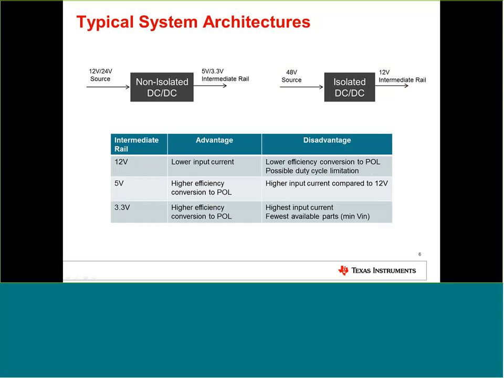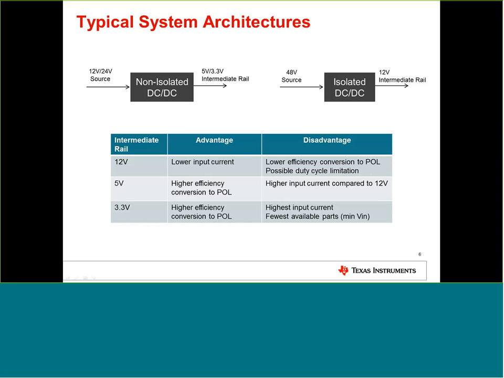Below you can see in the table the advantage, for example, for a 12 volt intermediate rail is that we will have the lower input current on the DC-DCs. The disadvantage is that the efficiency of this converter from 12 volt down, for example, to 1.2 volt, will definitely be much lower. If we have a 5 volt intermediate rail, the efficiency is definitely much higher, and the disadvantage here is the input current will be higher compared to the 12 volts.